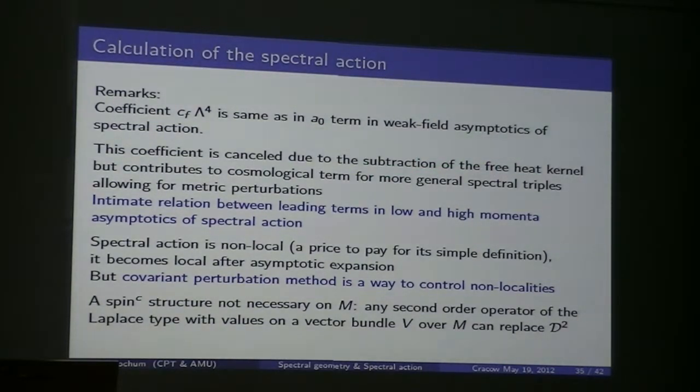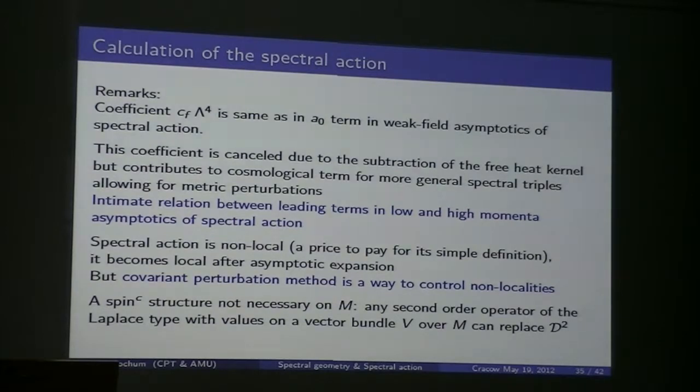This is what I have done. But nevertheless it contributes to this cosmological term if you deal with a more general spectral triple where you allow metric perturbation. You see, that's an interesting remark. So this creates some intimate relation between the linear term in low and high momenta asymptotics of the spectral action.